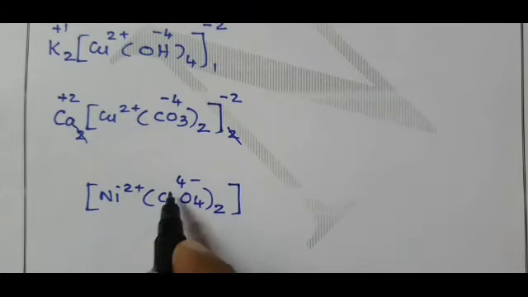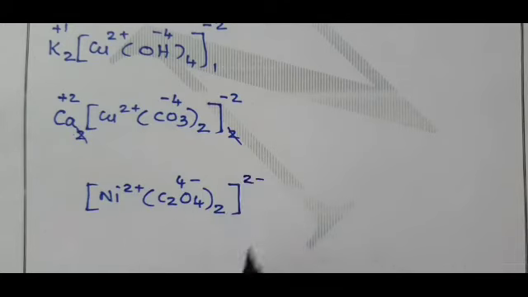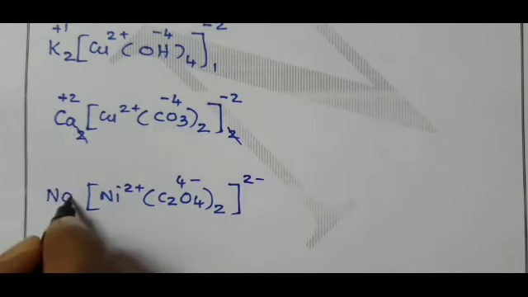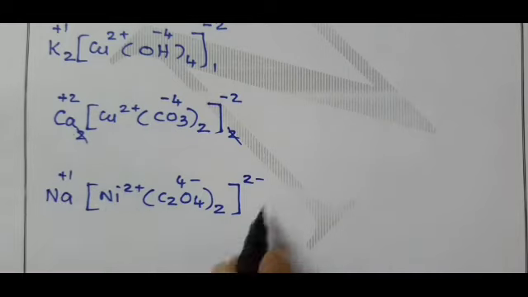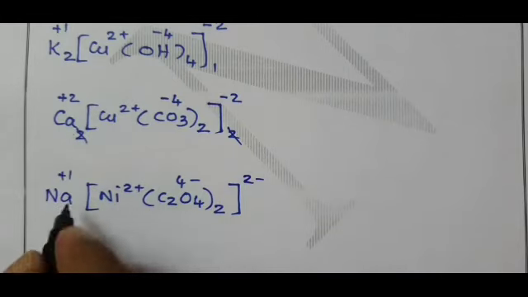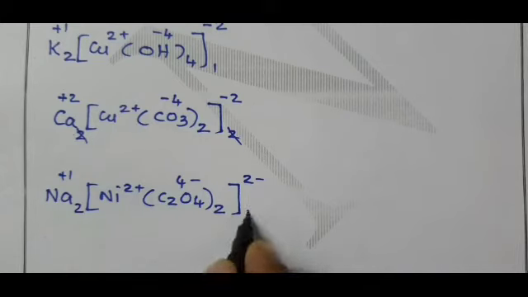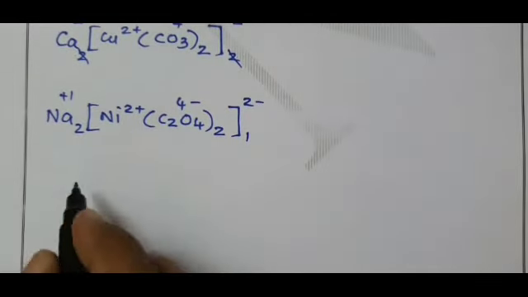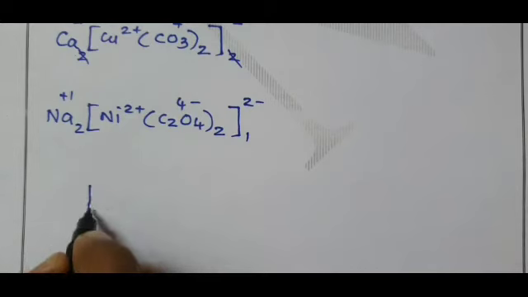When you add these two, you will get minus 2 on the complex. That is neutralized by adding a positive ion before the complex, Na+1. When you cross that valency, that 2 is here, this 1 is there. Na2[Ni(C2O4)2]. Now I am going to use a mixture of ligands, negative ligands and also a neutral ligand.